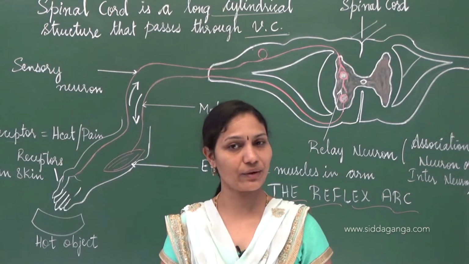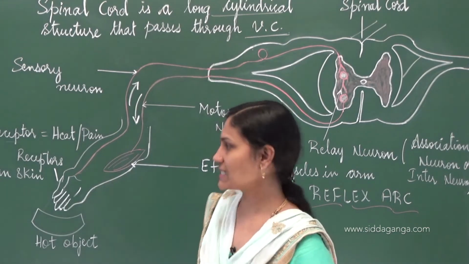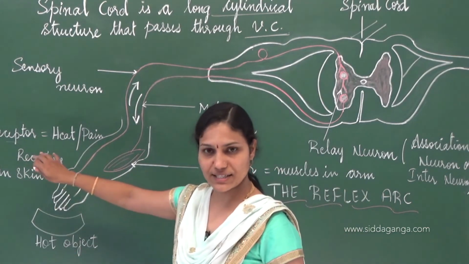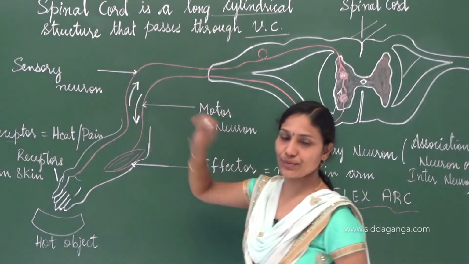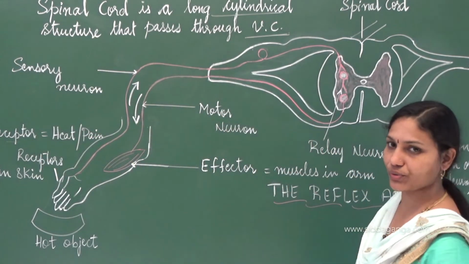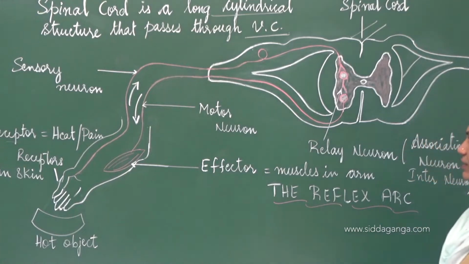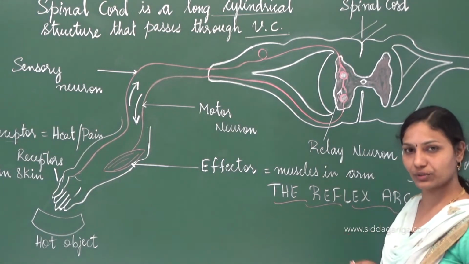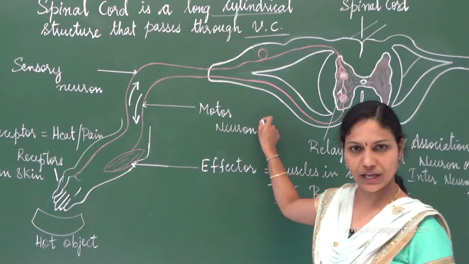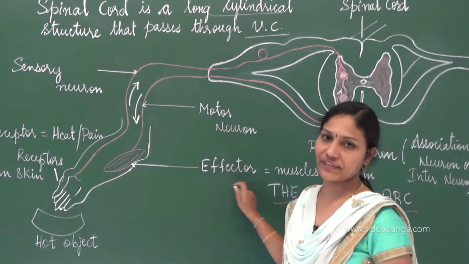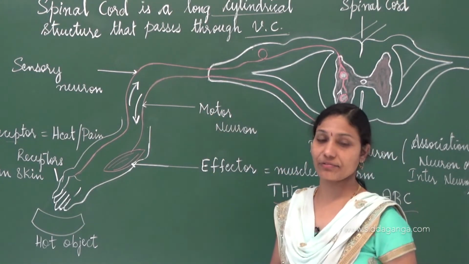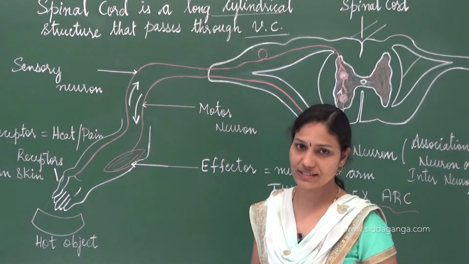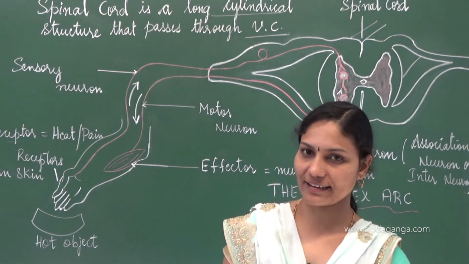What are those major 5 components? The first is the receptor, sensory neuron, association neuron or relay neuron, also referred to as interneuron, followed by motor neuron, and finally effector. These are the 5 major components involved in reflex arc.